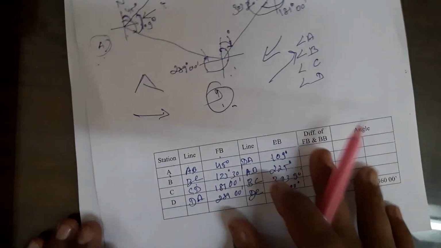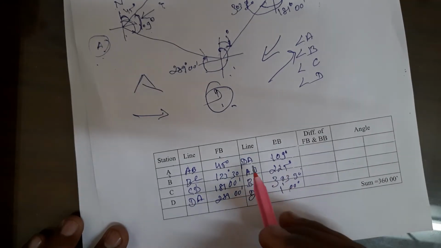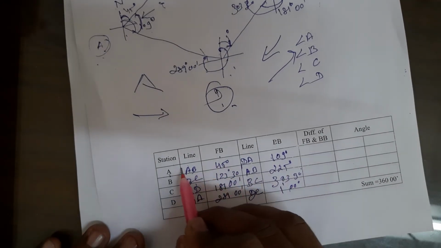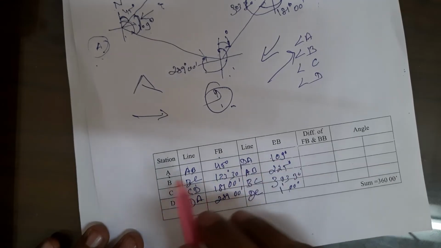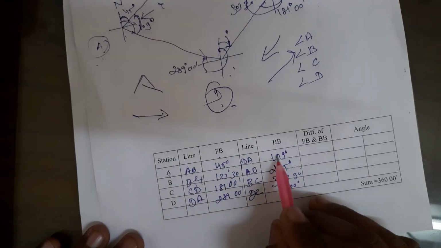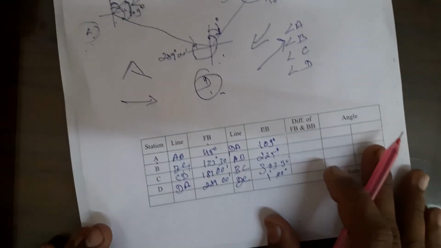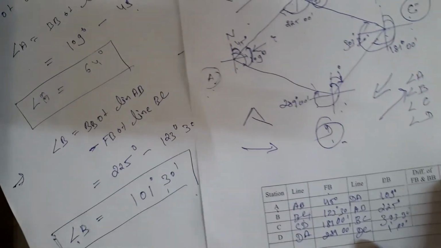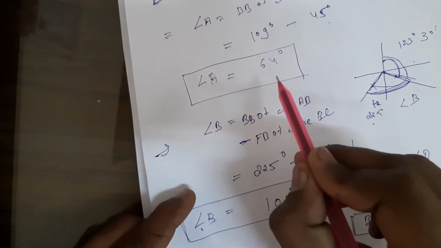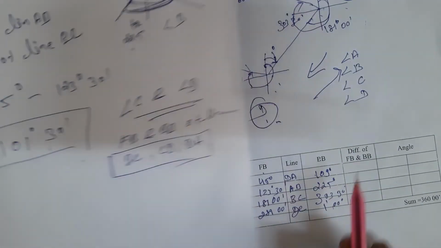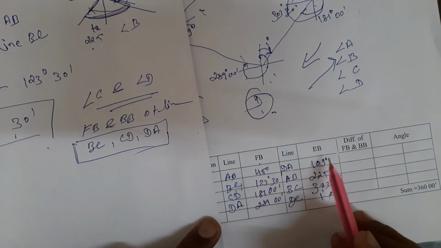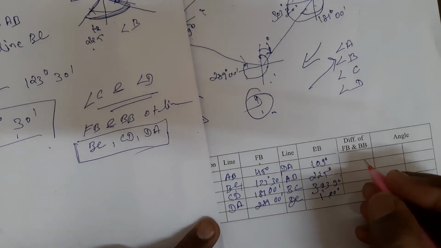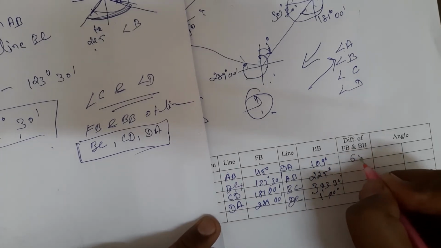Now what you do? Find the difference between the forward bearing and the back bearing at each station. So from the above equation, you find the internal angle. Here 45 minus 109, it is 65.